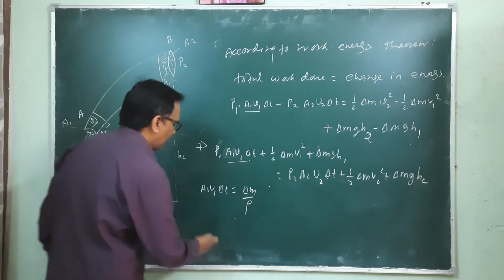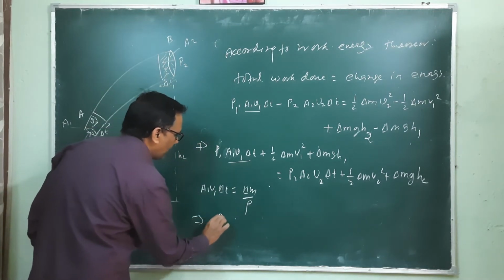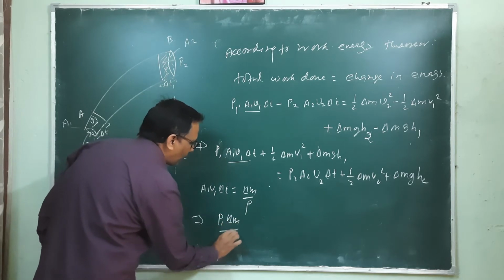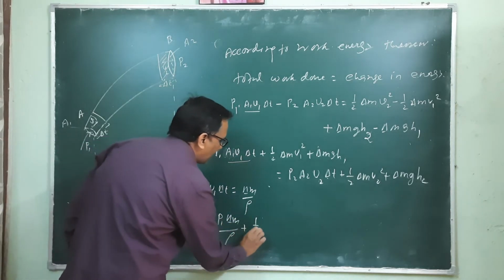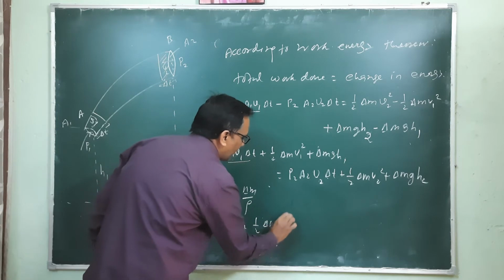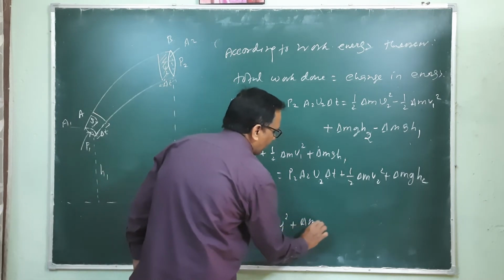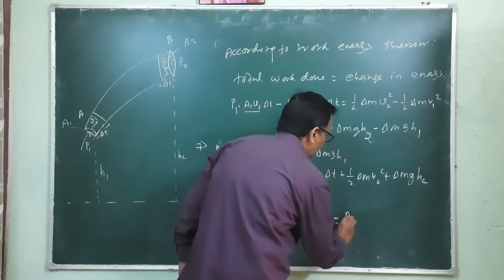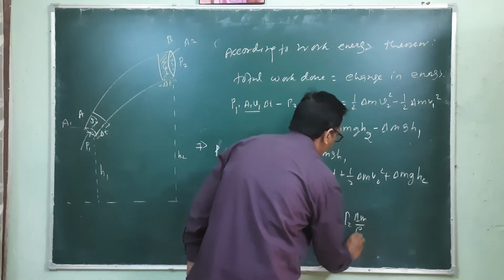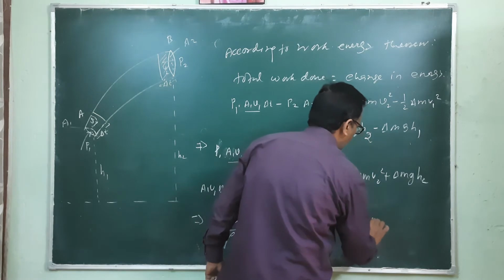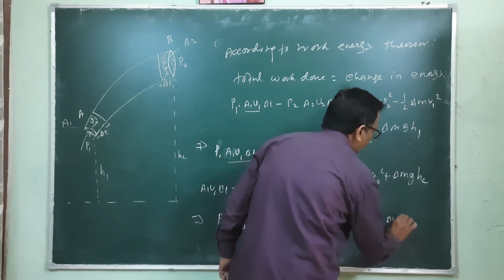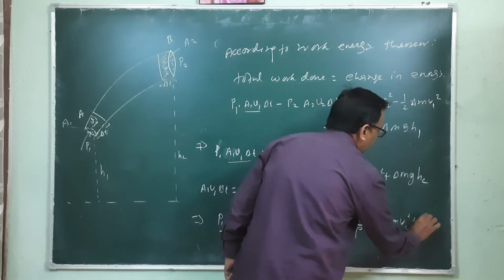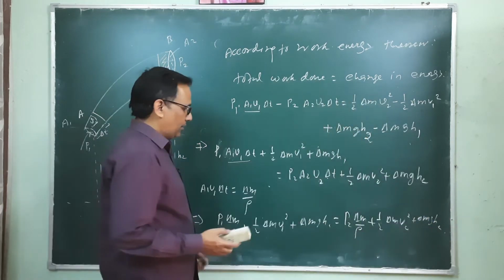So this is now equal to P1 delta M by rho plus half delta M V1 square plus delta M G H1, equal to P2 delta M by rho plus half delta M V2 square plus delta M G H2.